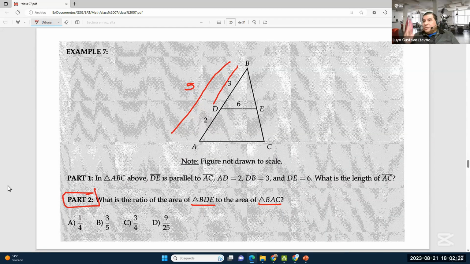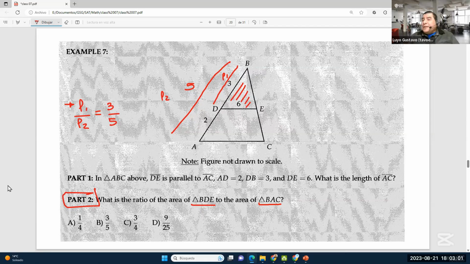So we know that L1 is to L2, let's say that this is L1 and this is L2, as 3 is to 5, because we are checking the proportion but considering above the smaller triangle, this one, BDE, and then below is the bigger triangle.